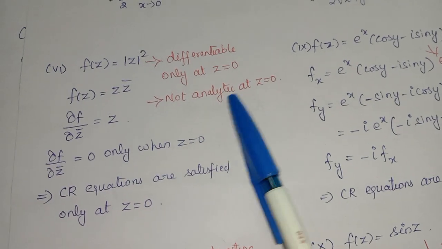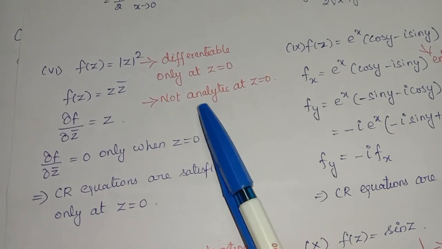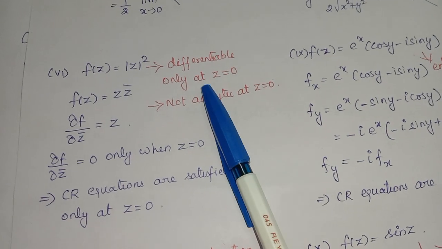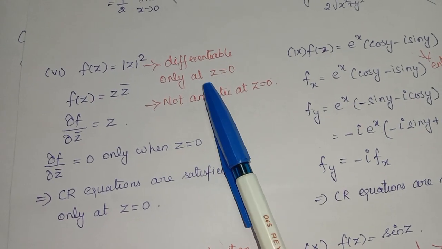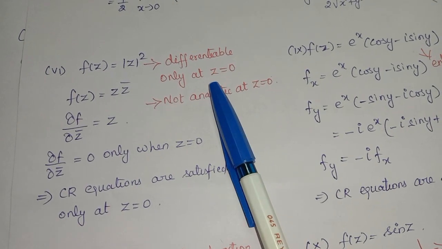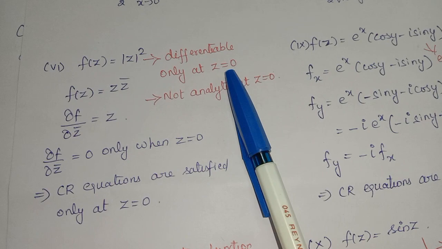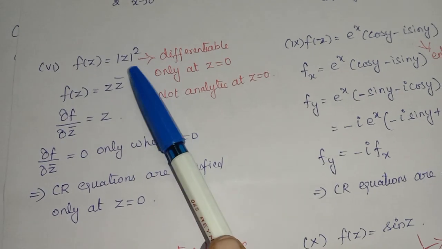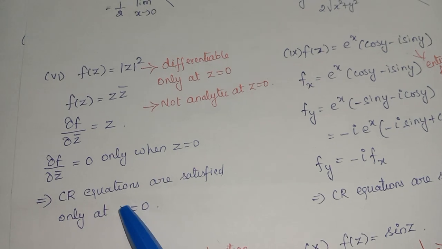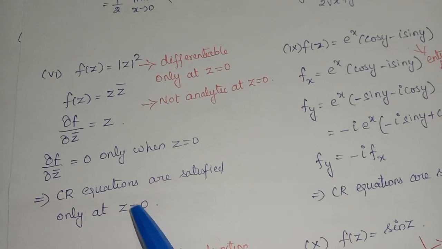Not analytic. Even at 0 it is not analytic, because what is the condition required for analyticity? It has to be differentiable at that particular point, and not only at that point, in its neighborhood also, at all points in the neighborhood. That means in at least one neighborhood of 0, this function has to be differentiable. But I have clearly stated here that the CR equations are satisfied only at the point z equal to 0.